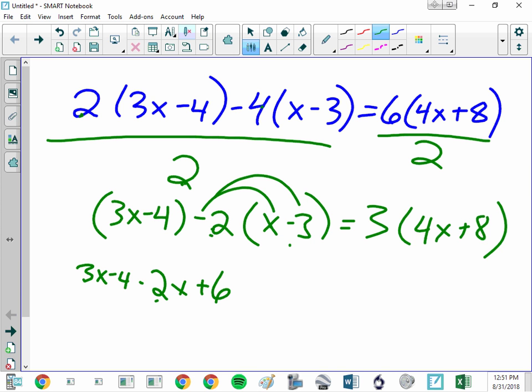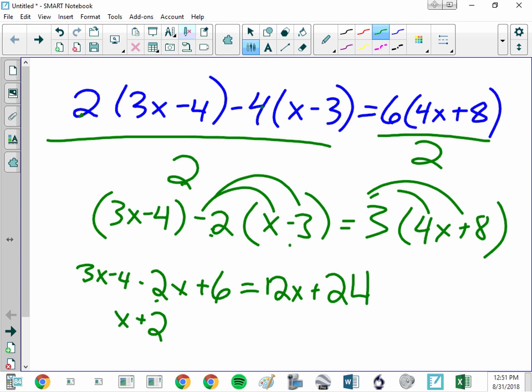Equals 12x plus 24. Now what? On the left side, I can combine like terms. 3x minus 2x is x, and negative 4 plus 6 is 2. And that's equal to 12x plus 24.